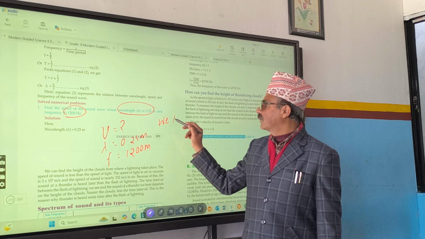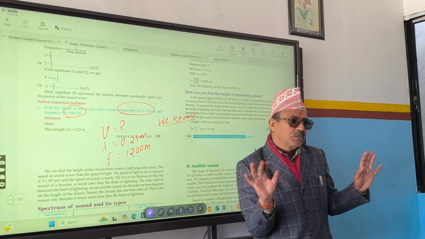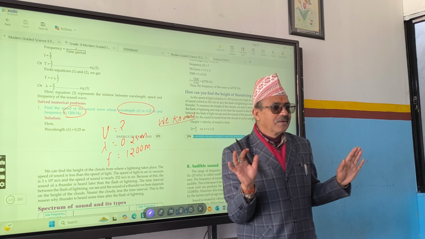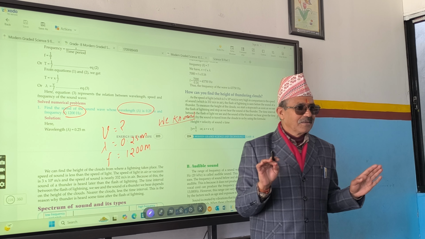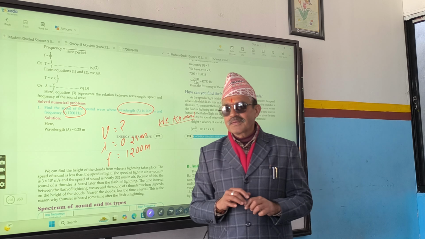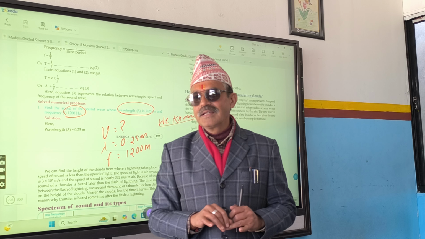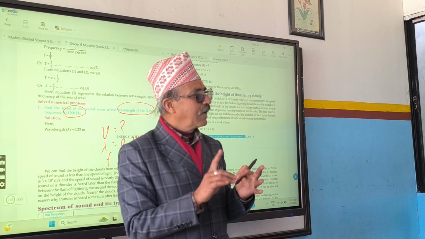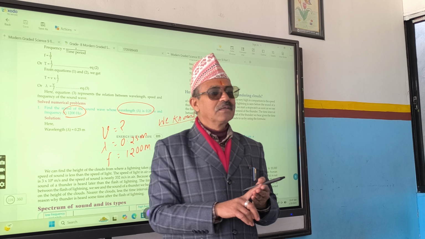Now, we know what is given and what is unknown. Other things also we must know. What are the 5 areas of learning? Reading, writing, listening, practicing, speaking.